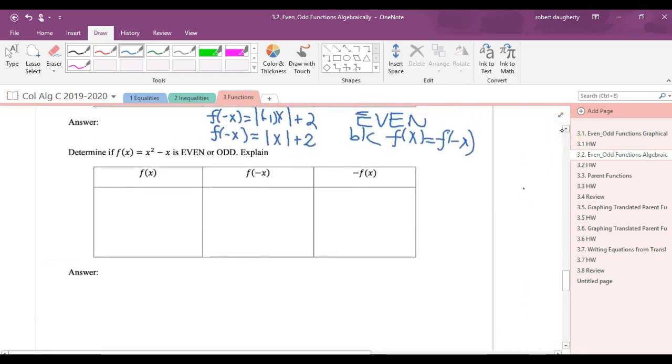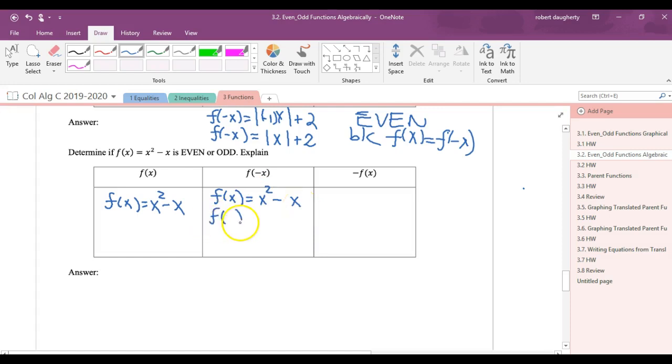Let's determine if this function, x squared minus x, is even or odd. So this is everything I've done today. I'm not saying it's easy, but it's been a repeatable process. Write down f of x. Okay. Let's write it down again, and then let's figure out how we substitute into this. So f of x equals x squared minus x.